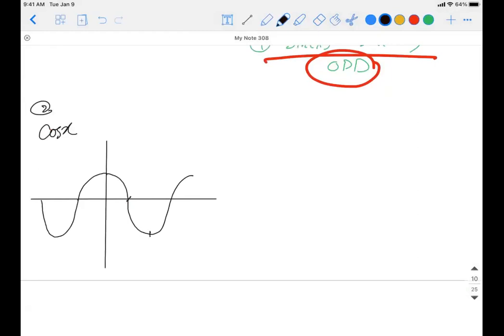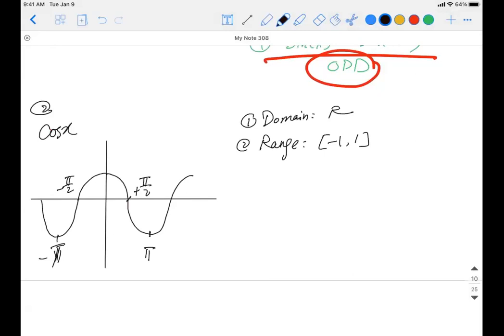This is pi over 2, minus pi. So what are the basic properties of cosine x? Domain belongs to R. Range, -1 to +1.